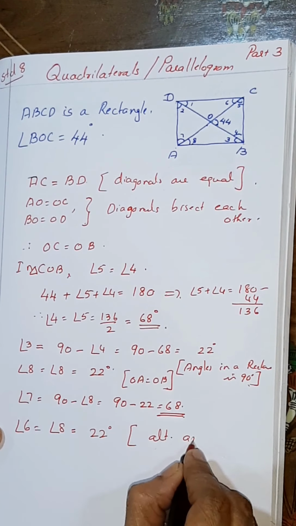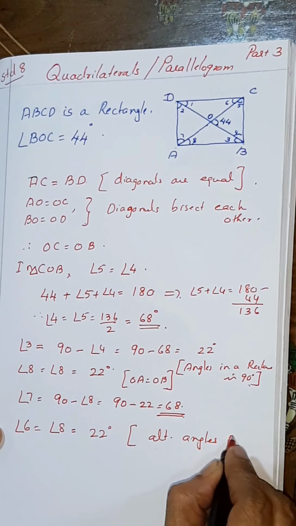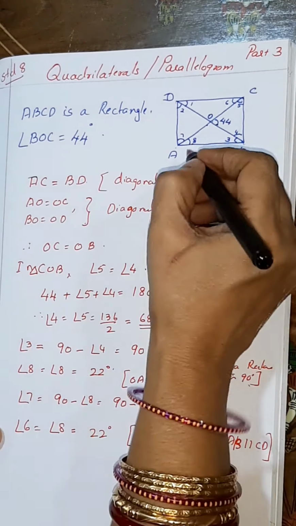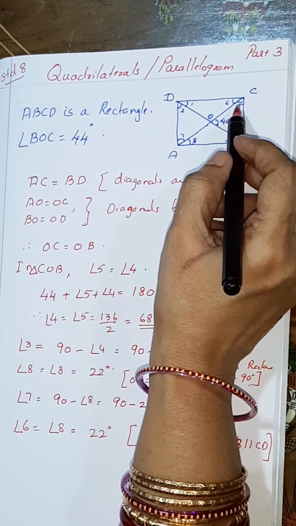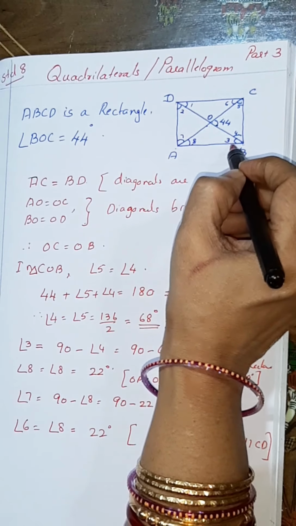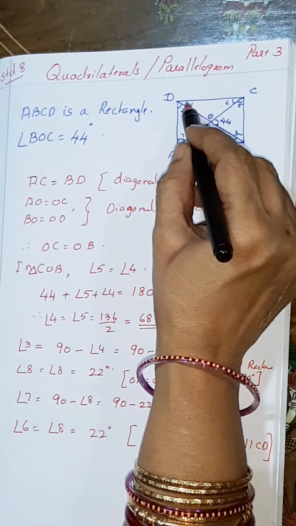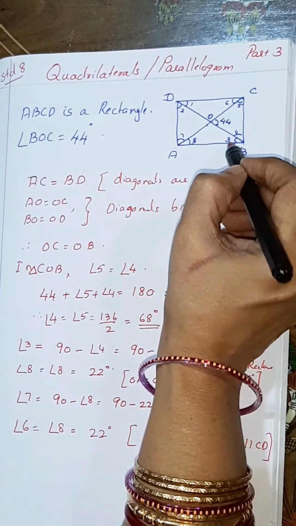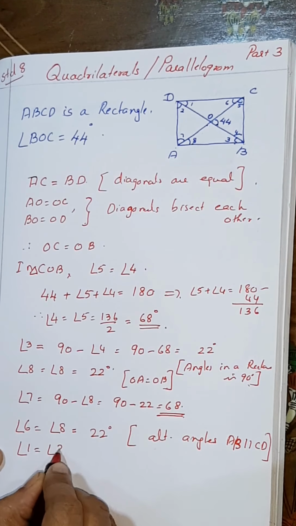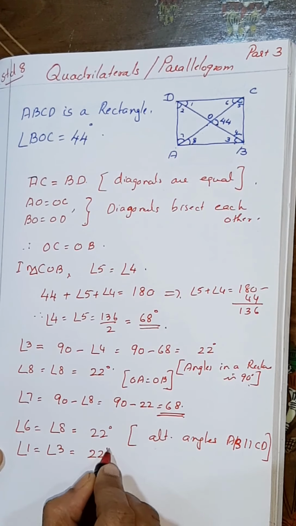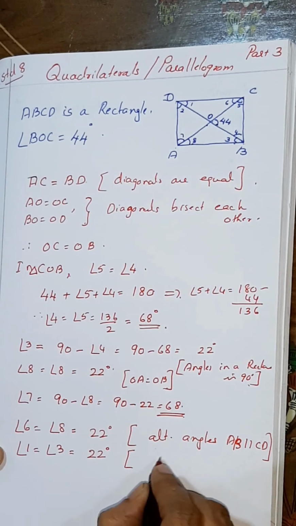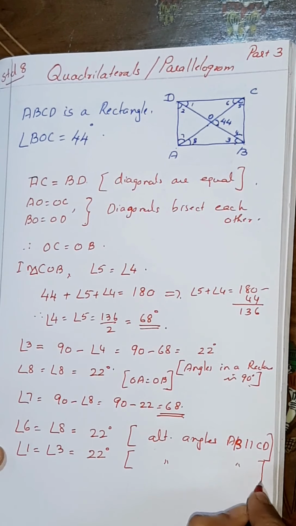Similarly, AB is parallel to CD, so 1 equal to 3. So angle 1 is equal to angle 3 is equal to 22 degrees. Again, alternate angles, AB is parallel to CD.